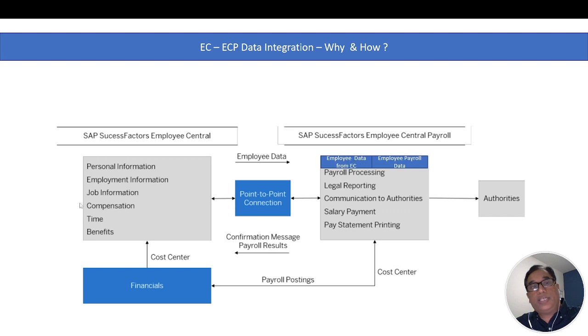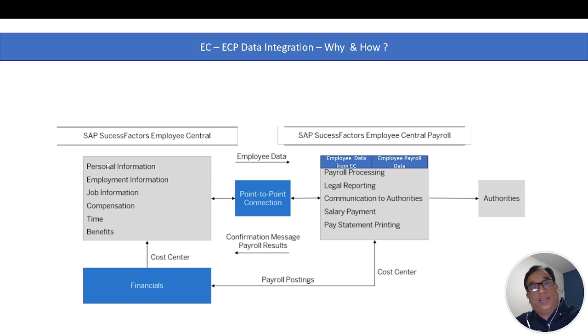Because employee data is personal, employment, job, compensation, time, benefits, but there is also other information which is payroll relevant, as per the local country requirement. For example, tax information, garnishment information. Where are they stored? Those are stored directly in the payroll system.